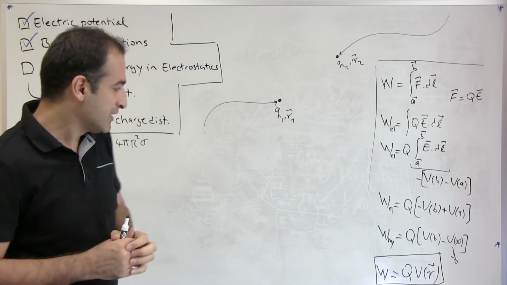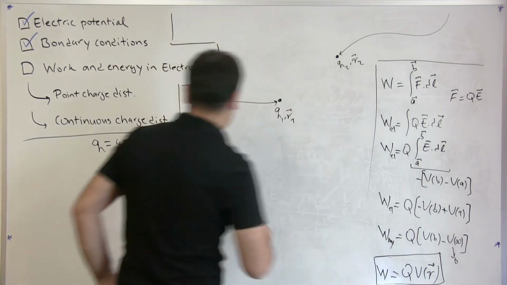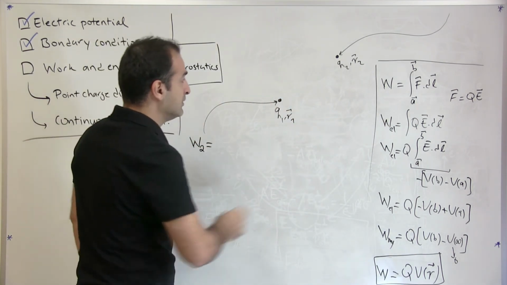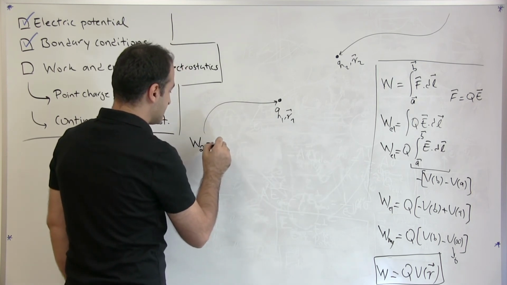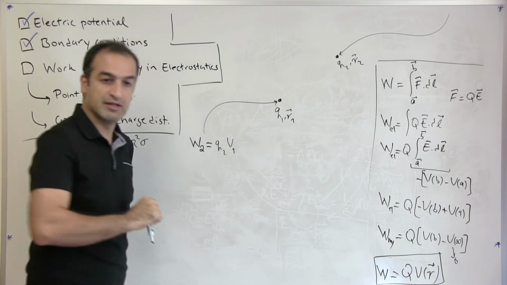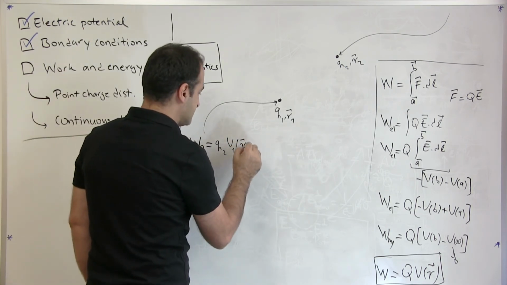If I want to continue following this, bringing charge number 2, I'm going to say W2 to this point is Q2 times the potential created by charge number 1 at position R2.